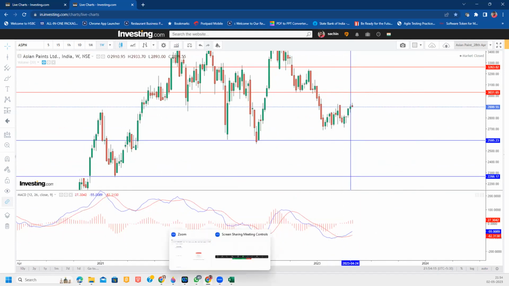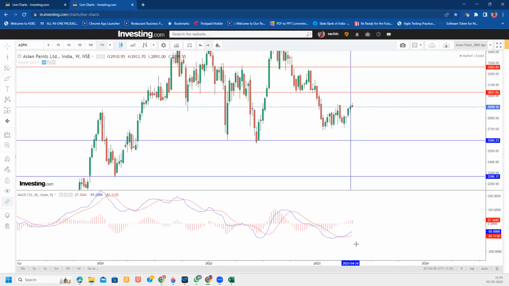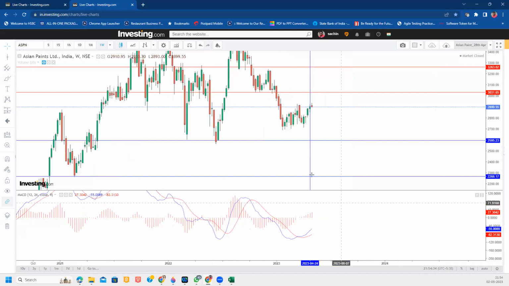Positive crossover, you can just refer to the sheet: MACD uptick, or flat after down. So either it is an uptick or even just a flat after down. Both will be considered bullish.